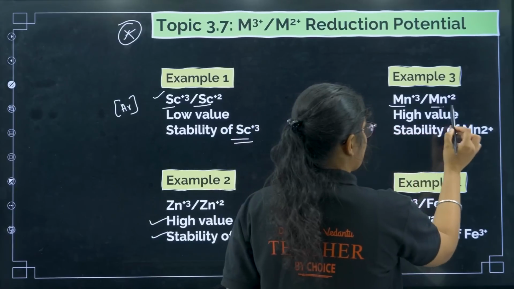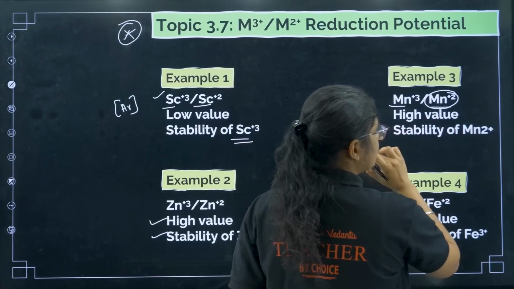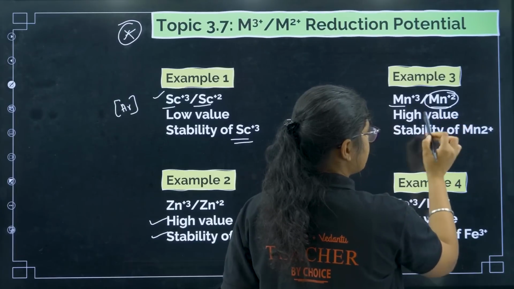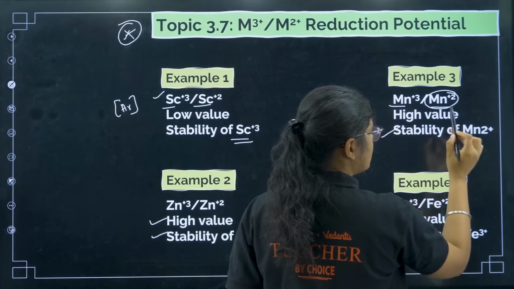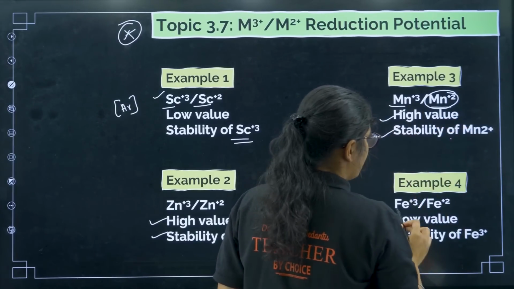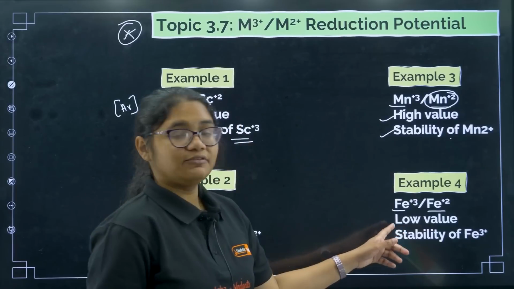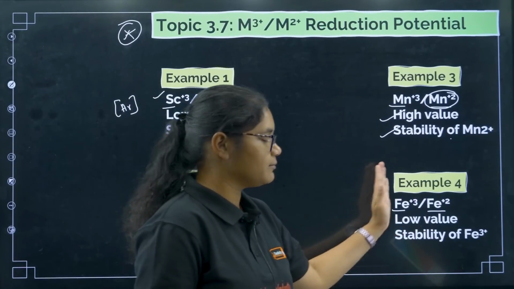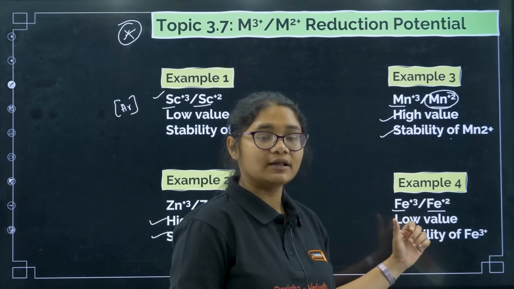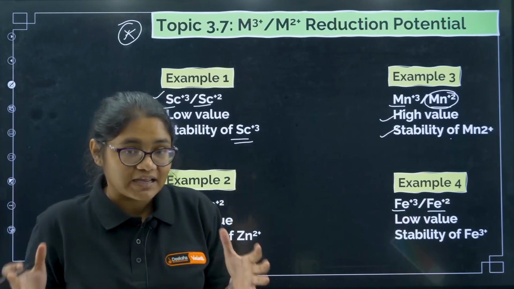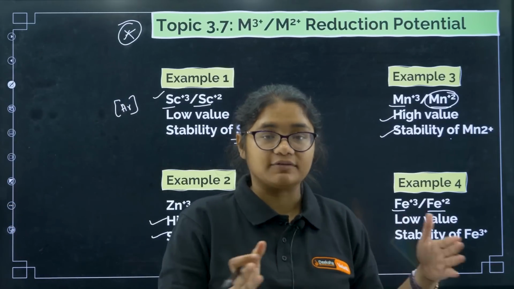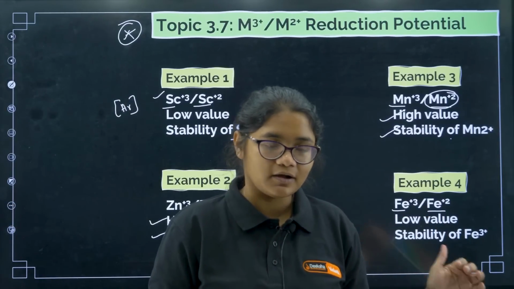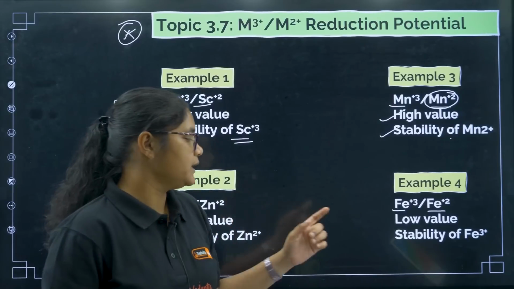Next, Mn plus 3 to Mn plus 2, again Mn plus 2 is more stable. So easy conversion here, that means stability of Mn2 plus is more, easy conversion, so high value. Fe plus 3 to Fe plus 2, Fe plus 3 is more stable, so you are going from stable to unstable. That is a difficult process, not an easy conversion. E naught value will be low here.